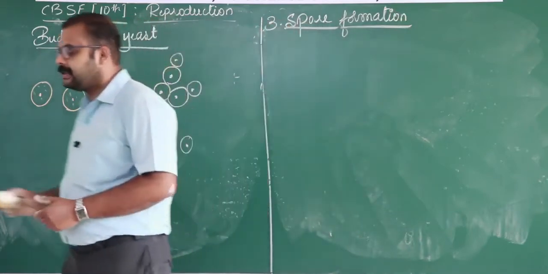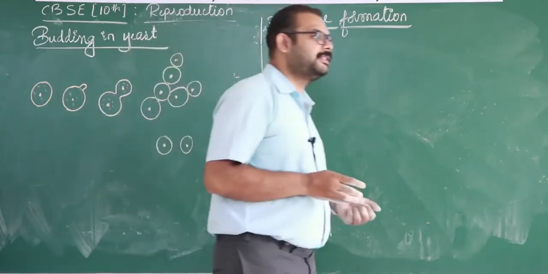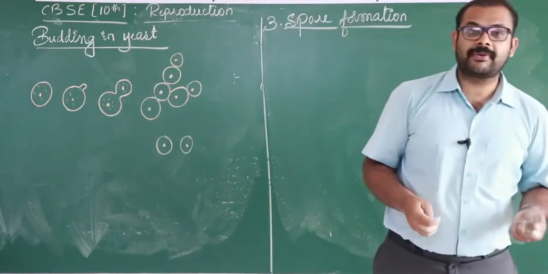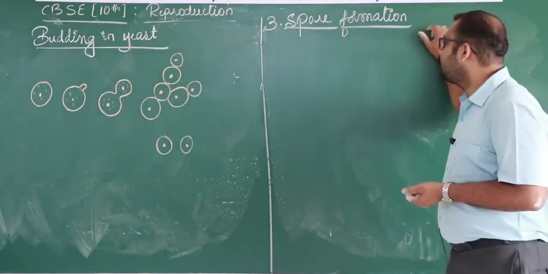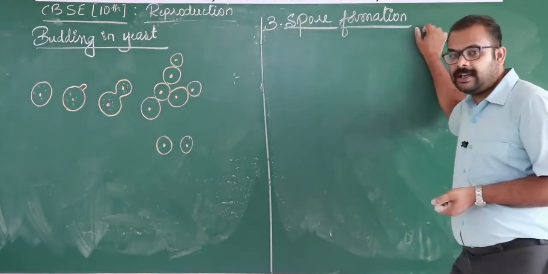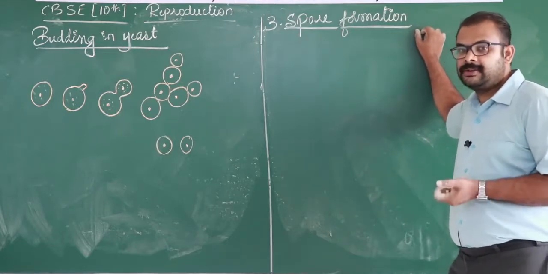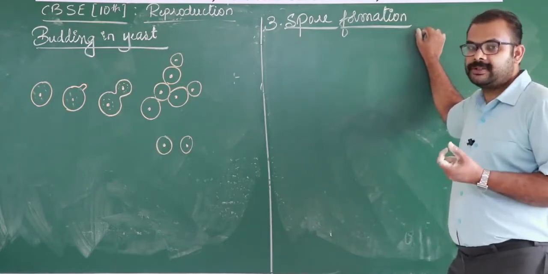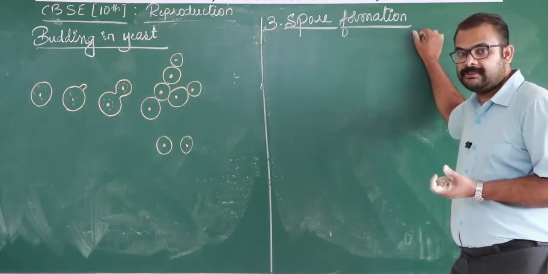So spore formation. In this method of reproduction, some organisms reproduce by producing spores. Whenever spores fall on a suitable substratum, meaning any substance which is nutritious for them, these spores develop into a new organism.